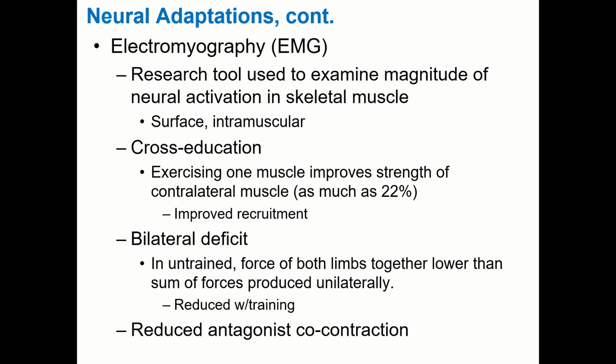And then reduced antagonist co-contraction. One of the things you're going to see when people are first learning a movement is they tend to contract all kinds of muscles inappropriately. And the same occurs with strength training. So for example, if you're doing elbow flexion, you might see excessive contraction of triceps.